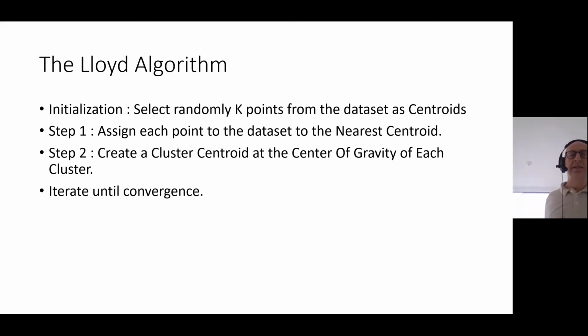Given these clusters, I'm going to create a center of gravity for each cluster. And I'm going to return to step 1, and assign again each point in the dataset to the nearest centroid. And I'm going to iterate until convergence.